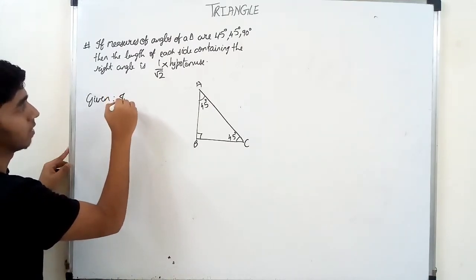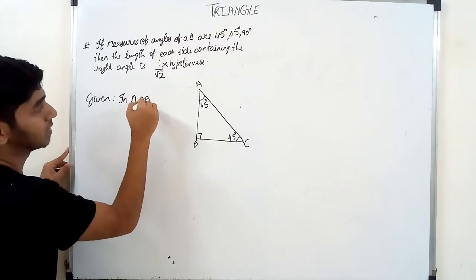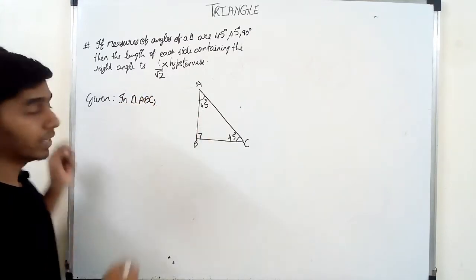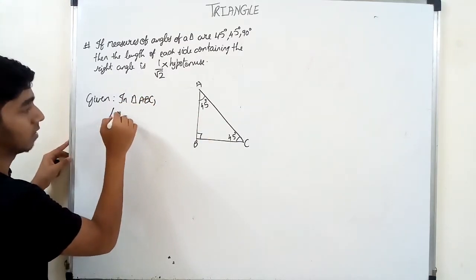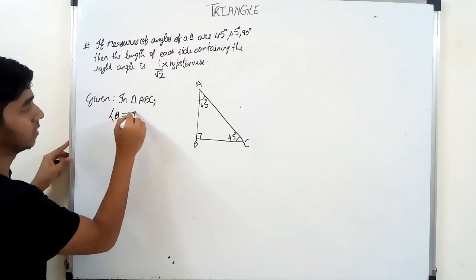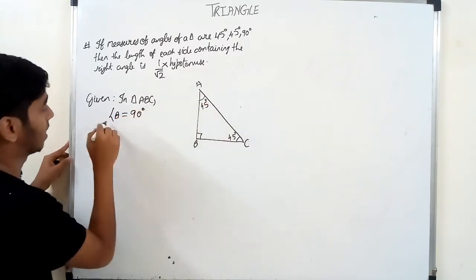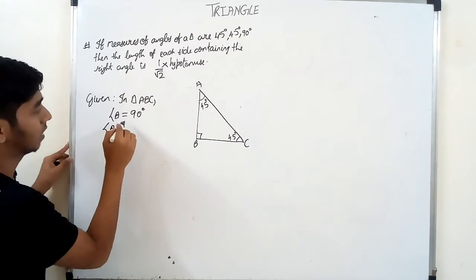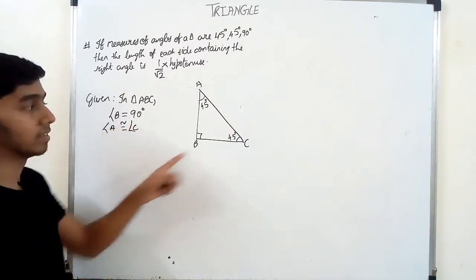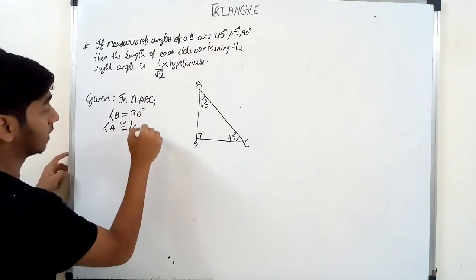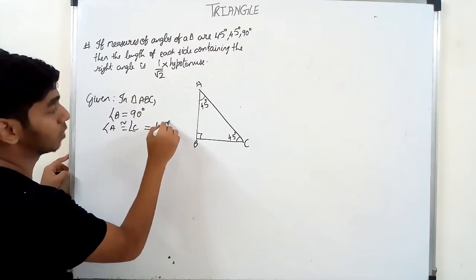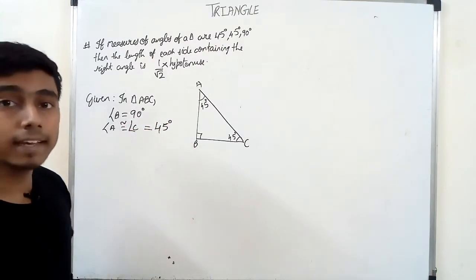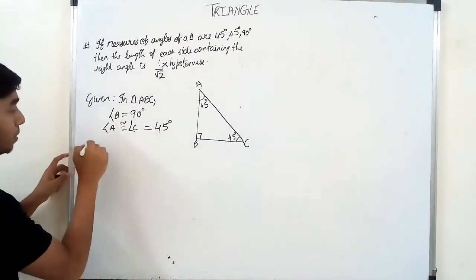In triangle ABC, angle B is 90 degree and angle A is congruent to angle C, they both are congruent and their values are both equal to 45 degree, correct?